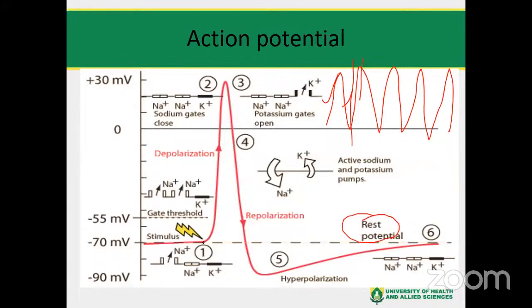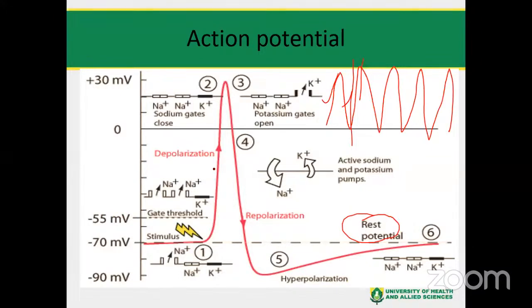But when you touch the hot object, sodium ion channels will start to open and sodium moves into the cell. When sodium moves in, it drives the membrane potential toward positive. And when it drives the membrane potential to about minus 55 millivolts, then an action potential will result.